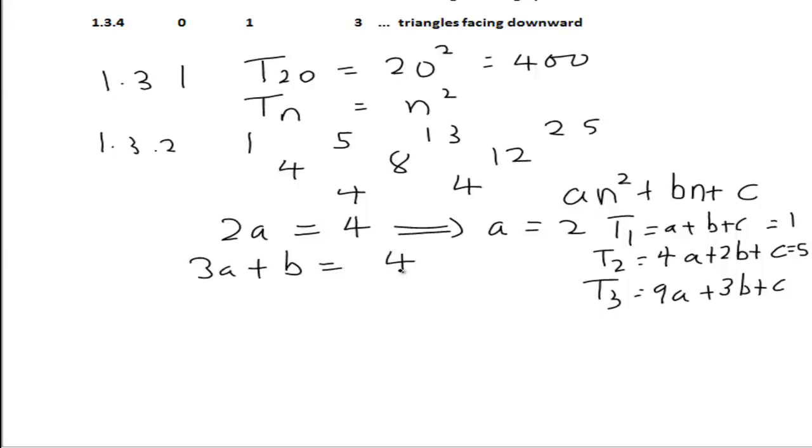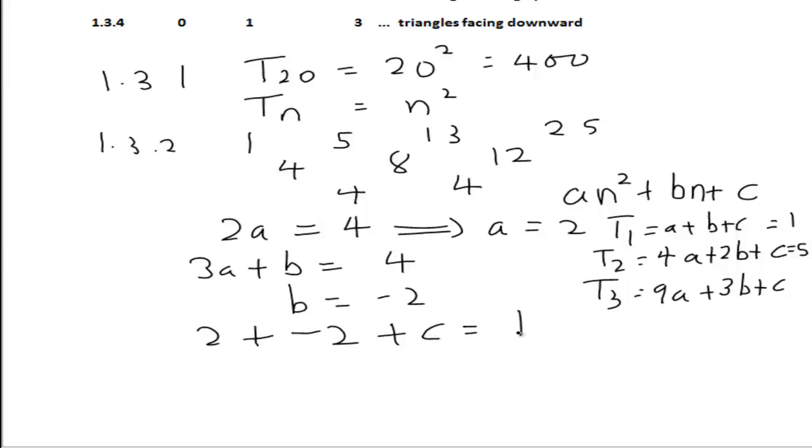And then we've got A, which is 2, so B is equal to minus 2. And if you substitute in the first one, we will get 2 plus minus 2 plus C equals 1.